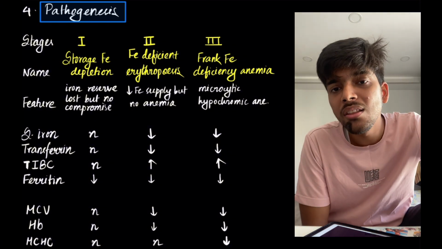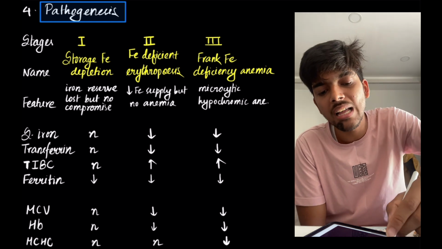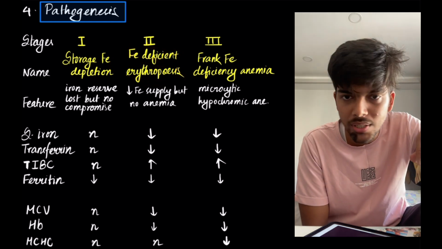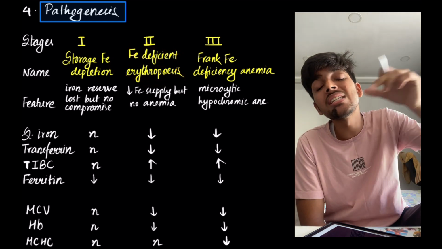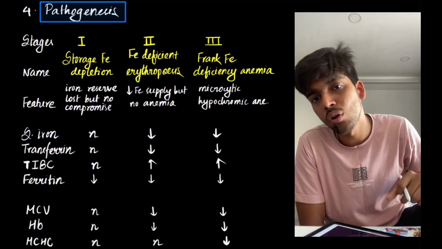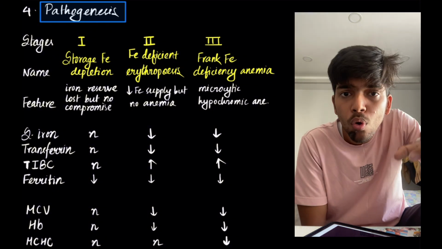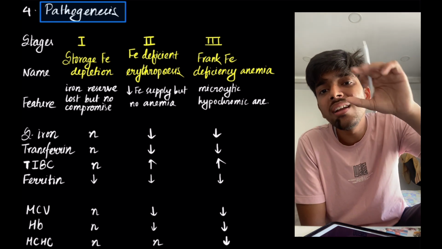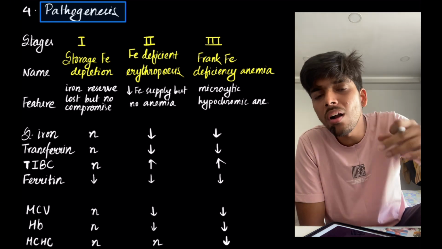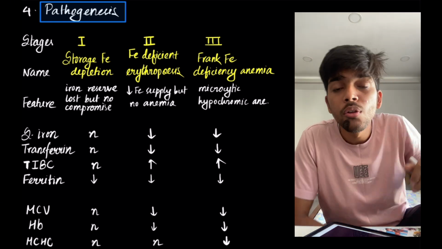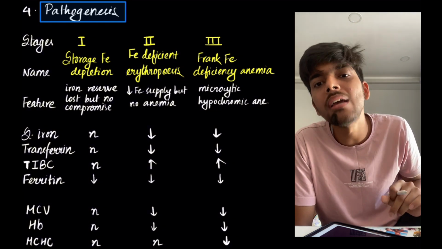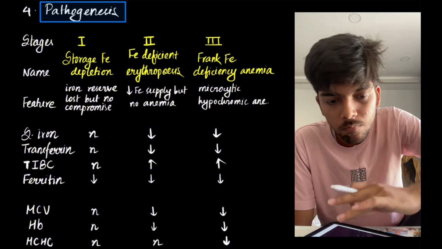As a result, erythropoiesis lacks iron. This is iron deficient erythropoiesis. Finally, erythrocytes are formed at the end of erythropoiesis, and these erythrocytes lack iron, they lack hemoglobin. So peripheral 2/3 is thinner, it is less than 2/3, and central pallor is larger. You get microcytic hypochromic red blood cells.